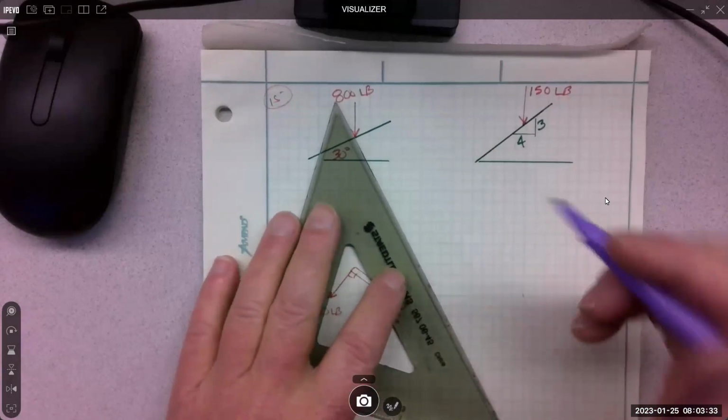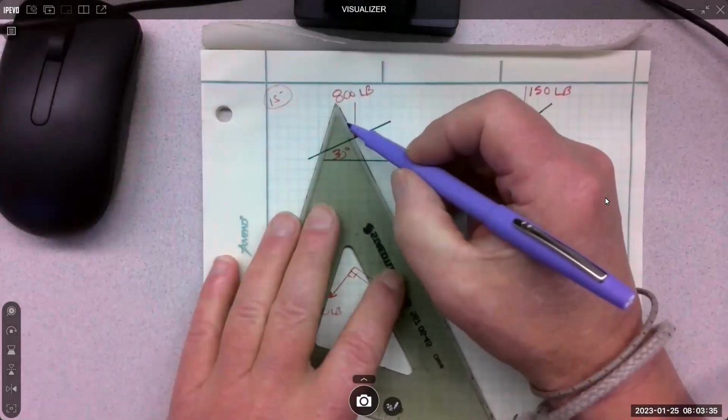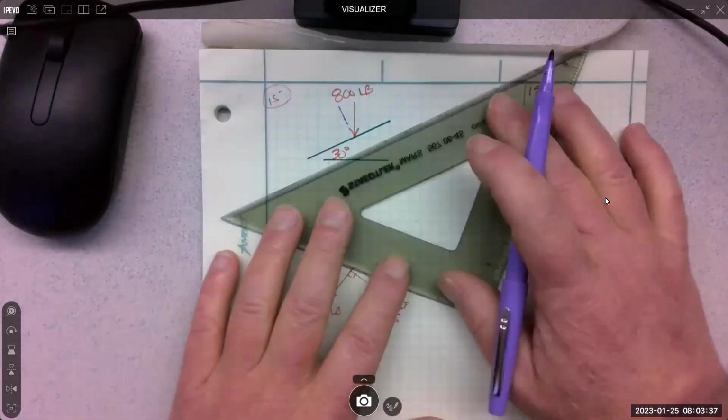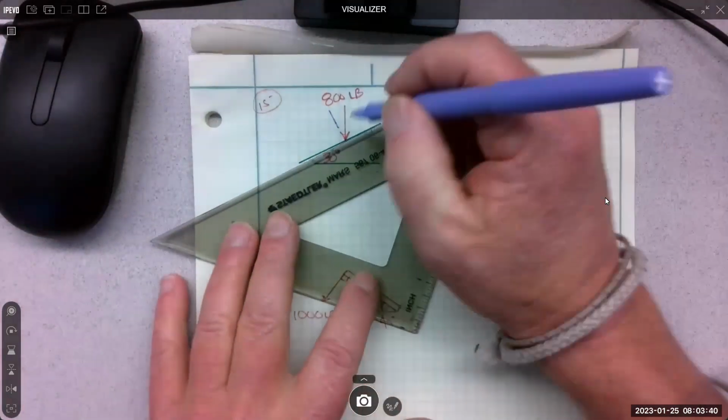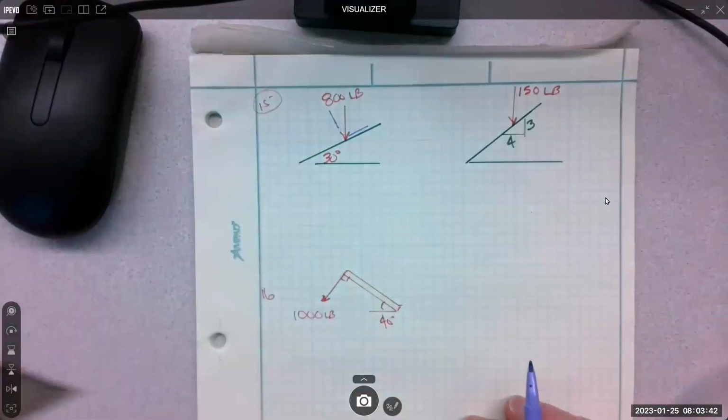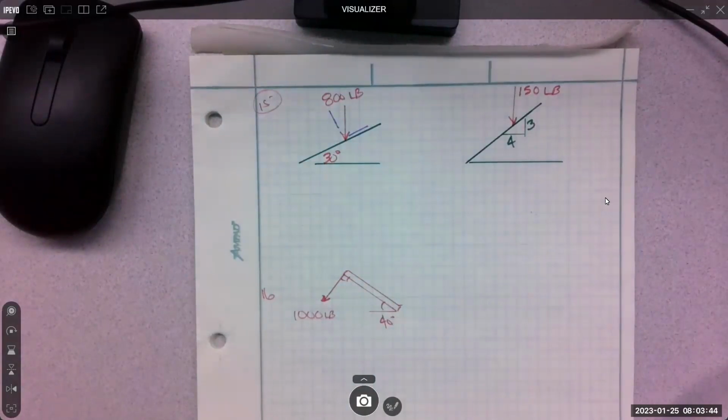So perpendicular to the slope would be here, right? And parallel to the slope would be here. So that's what they wanted. What I should have told you was, hey, you can move the coordinates anywhere you want. The rectangular coordinates don't have to be horizontal and vertical. They can be at any position that you want them, right?